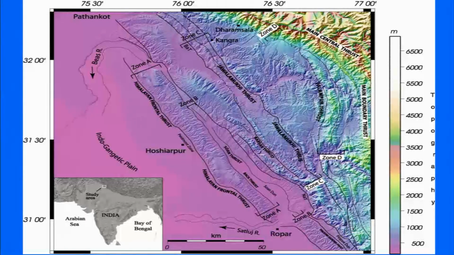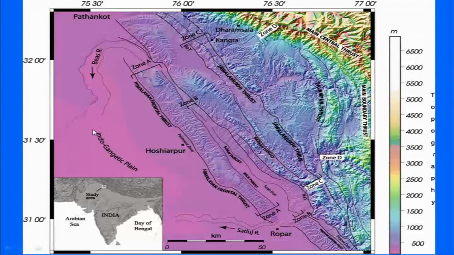This is the shaded relief map of northwest Himalaya, where you can see the youngest mountain chain and multiple folded ranges across this line, which starts from the Shivaliks, the youngest mountain chain in Himalaya, and the contact between the two plates.